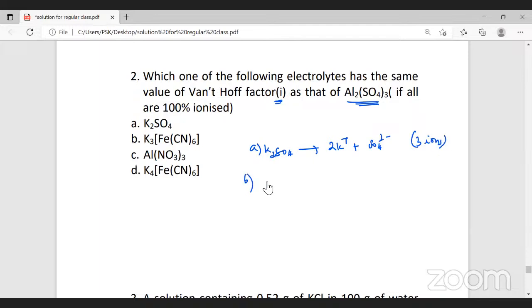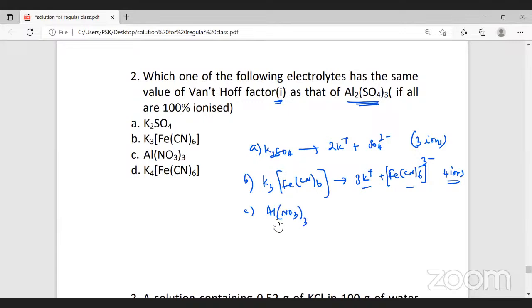Now, option B, K3[Fe(CN)6], is a complex; I don't know whether you've been taught this in school, but we will understand it. This gives you 3K+ and [Fe(CN)6]3-. Therefore, it's 3 plus 1, 4 ions.